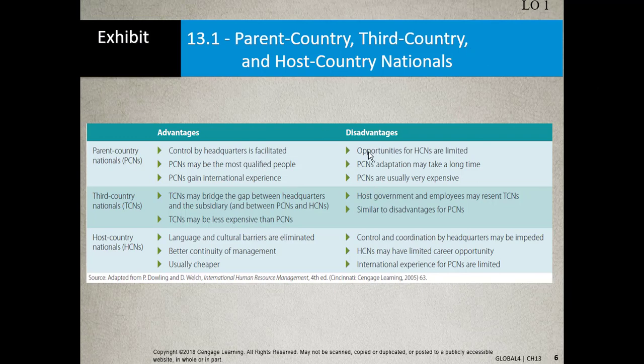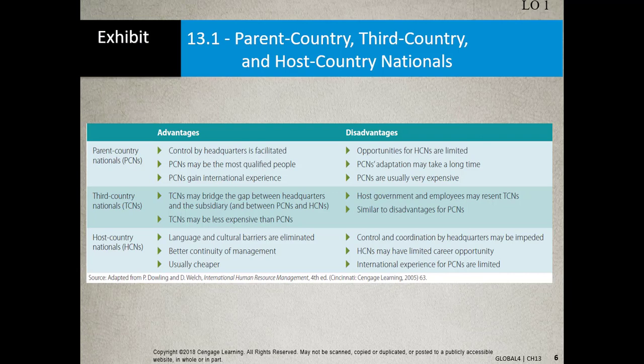What's bad about that is that the opportunities are limited for the host country nationals, right? So in this case, you have some great people at that division in Barcelona who are Spaniards and who have climbed up the ladder, and now they hit this ceiling because they're not getting promoted because you keep sending American executives there.